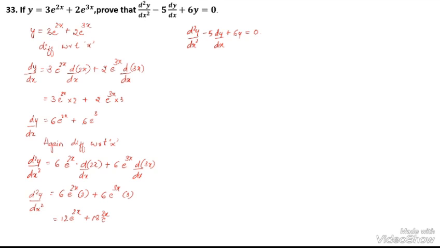Now I can substitute here: 12 e to the power 2x plus 18 e to the power 3x, minus 5 into, what is dy by dx? That is here 6 e to the power 2x plus 6 into e to the power 3x, plus 6 into, what is y? 3 into e to the power 2x plus 2 into e to the power 3x.